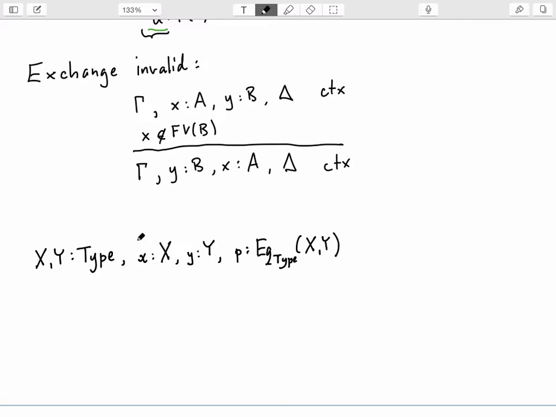Up to here is gamma. And now I say assume that X equals Y. So little x equals Y. Okay?